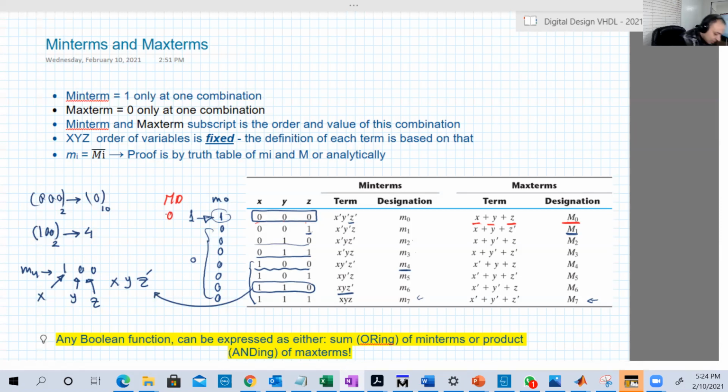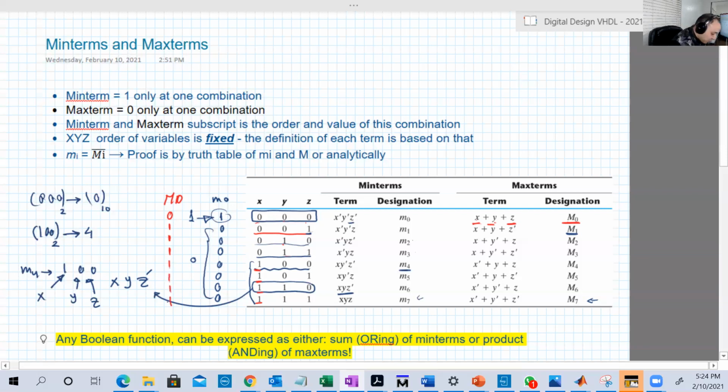Then 0, 0, 1: 0 or 0 or 1 will give us 1. Basically, whenever you see a 1, just put 1, because 1 or anything gives 1. So again 1, and so on for all the rest: 1, 1, 1, 1.